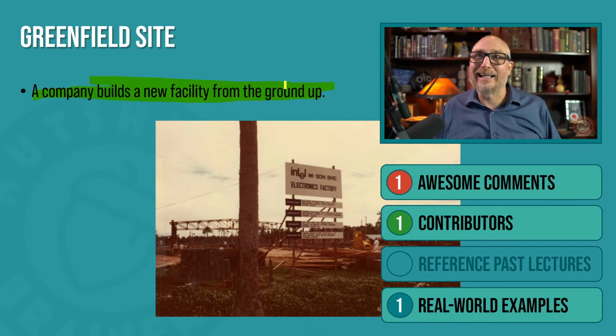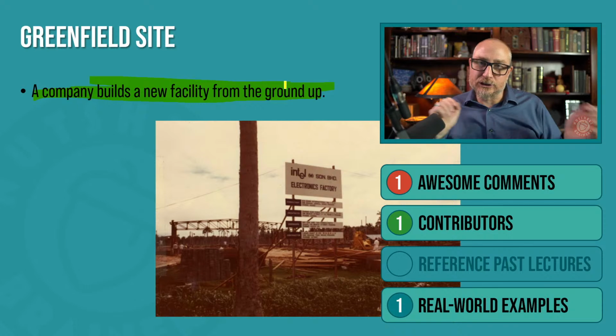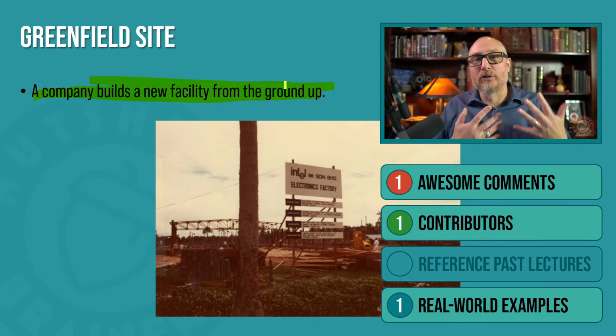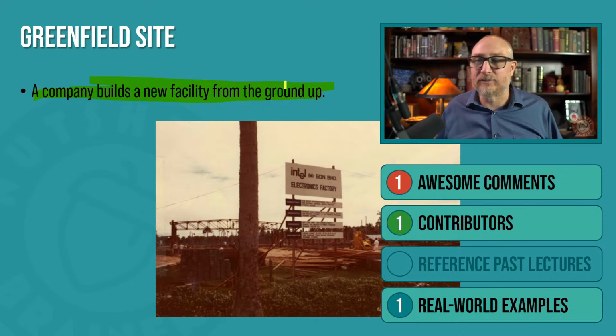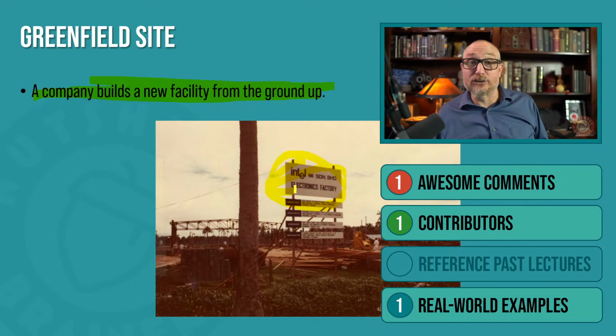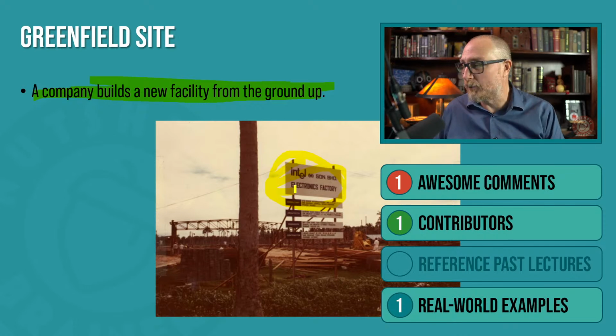Greenfield meaning it's green and lush and virgin. So you just go out to some empty land and you build a factory or a facility. When Intel went to Malaysia, that was Intel's first international foray. They built a site in Malaysia that was a greenfield site. Okay.